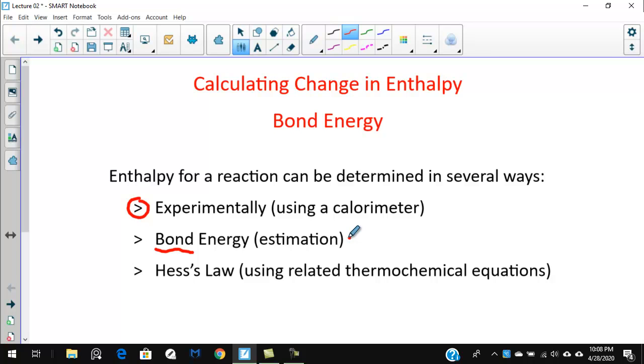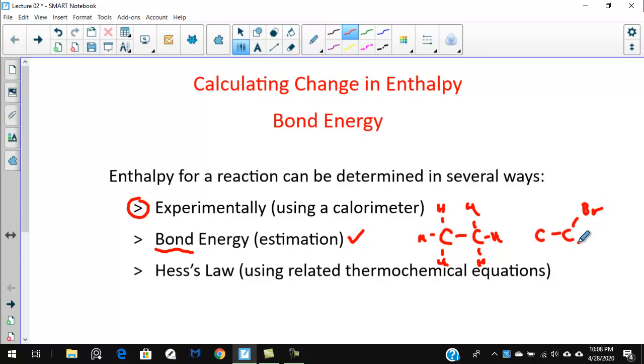It's a bit of an estimation because you might be breaking a C-C bond in a molecule like ethane, or you might be breaking a C-C bond where we take that ethane and replace one of the H's with a Br.